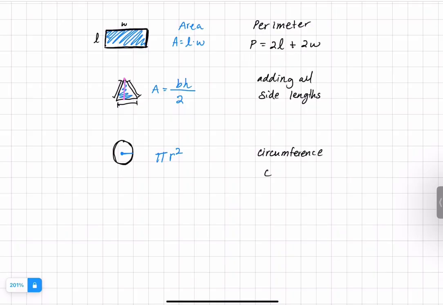And this equals 2 pi r, or we could write this as c equals pi times diameter. The diameter is basically from one end of the circle to another end, and it's a straight line.